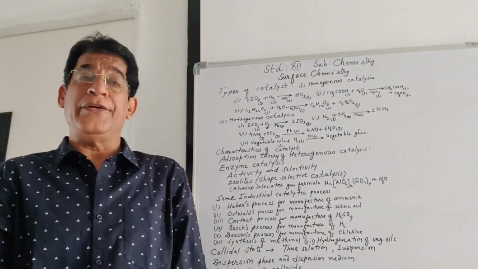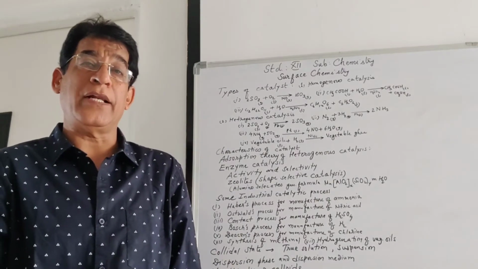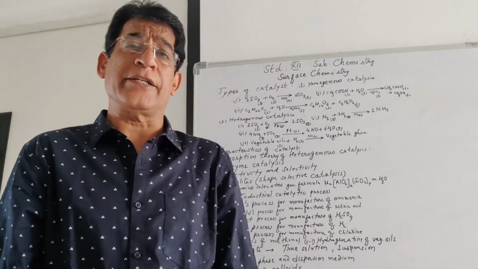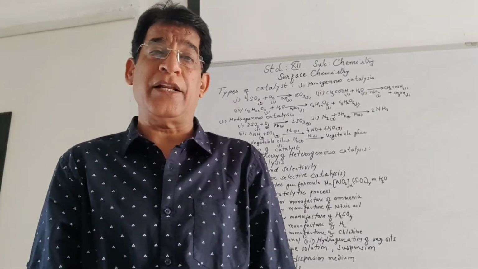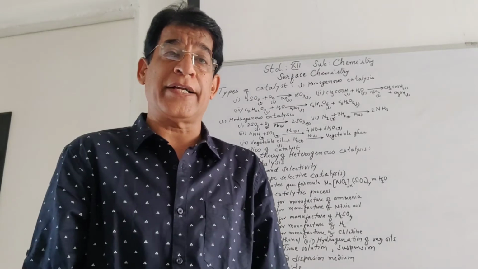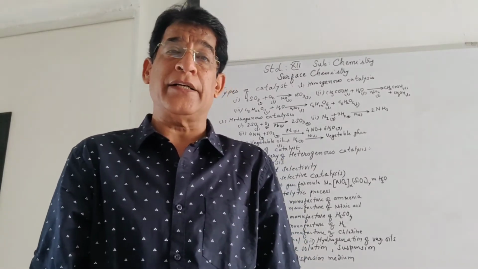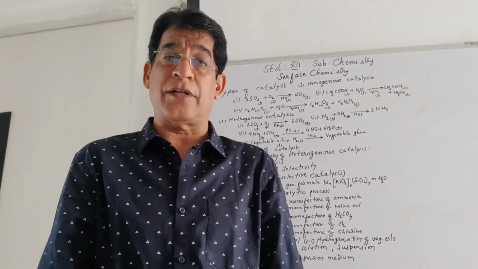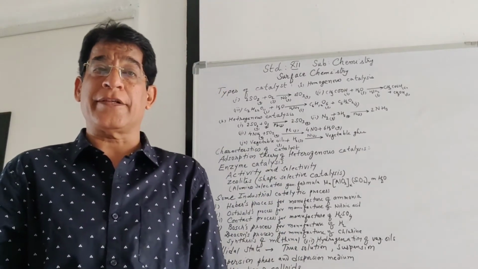Now, new topic, colloidal state. The colloidal state depends on the particle size. It is regarded as an intermediate state between true solution and suspension. Now, what is a true solution?